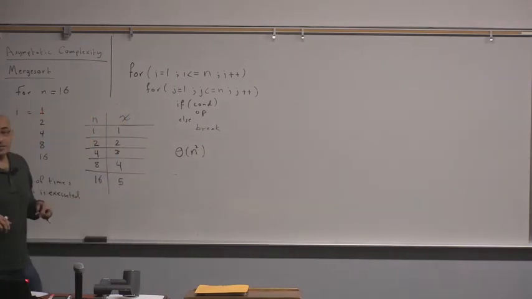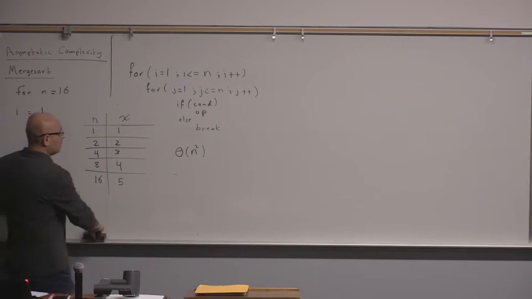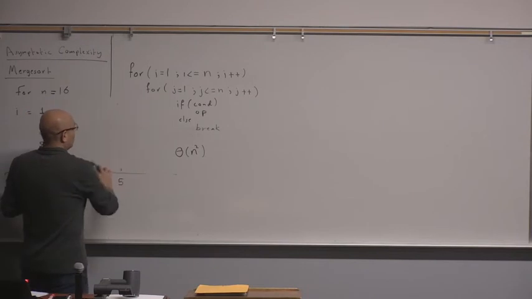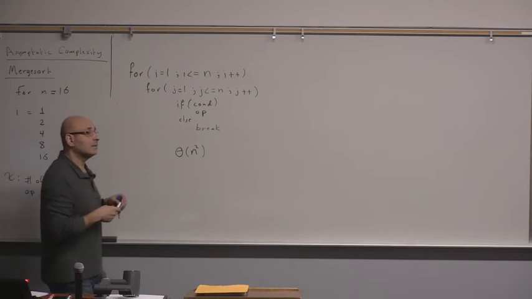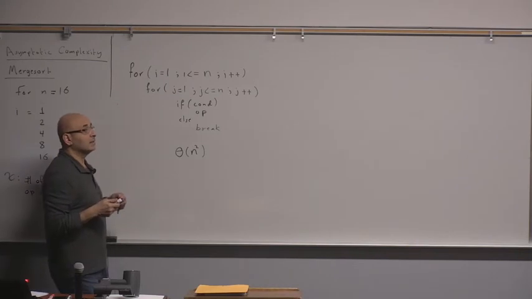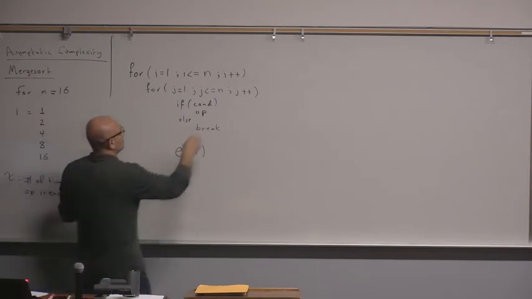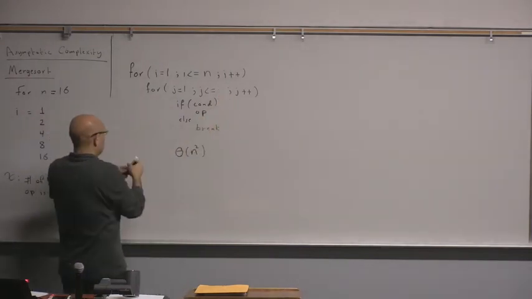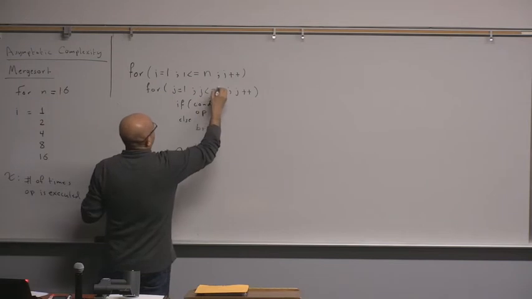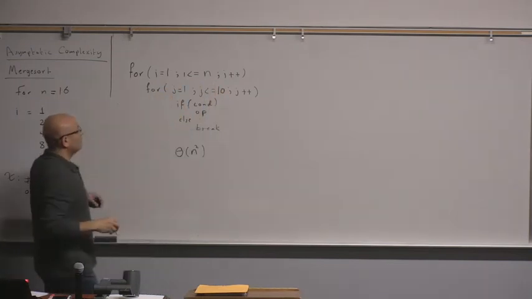But it's not true that whenever we have a nested loop, we have n squared. Can you think of an example where we have a nested loop, but it's not n squared? Yes? If the inner loop only loops a constant amount of time. Yeah, exactly. So what if we change this n to some constant like 10?